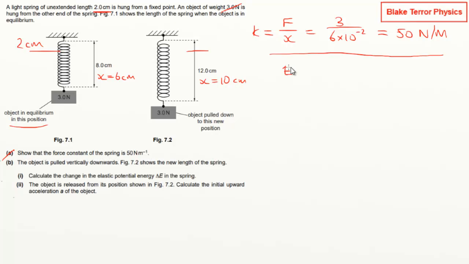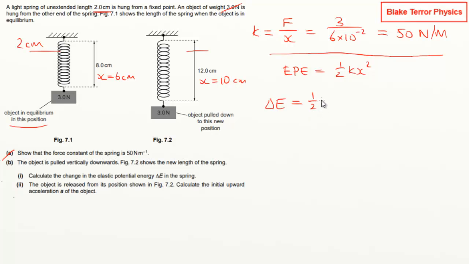Right, so elastic potential energy is the average force multiplied by the distance. So that's average force times extension. So that is a half kx, average force, multiplied by extension, half kx squared. That's how we get that EPE formula. So our change in EPE is going to be our final EPE minus our equilibrium EPE.